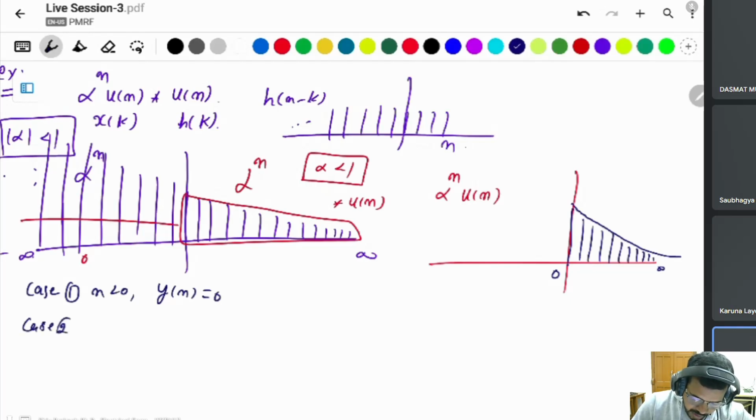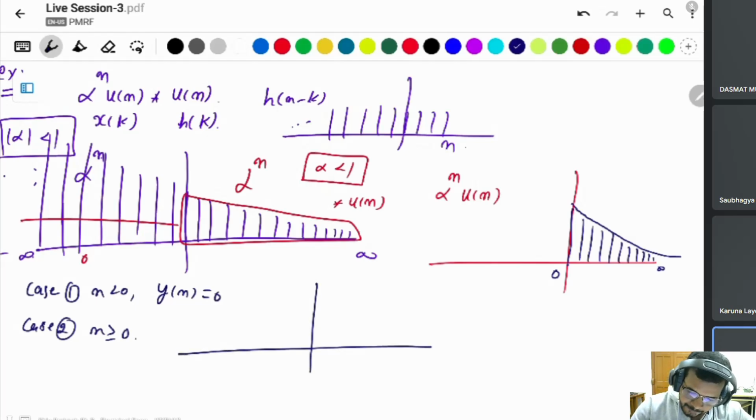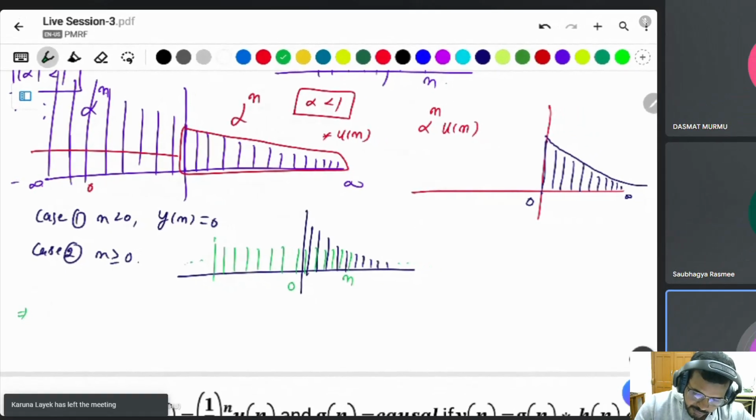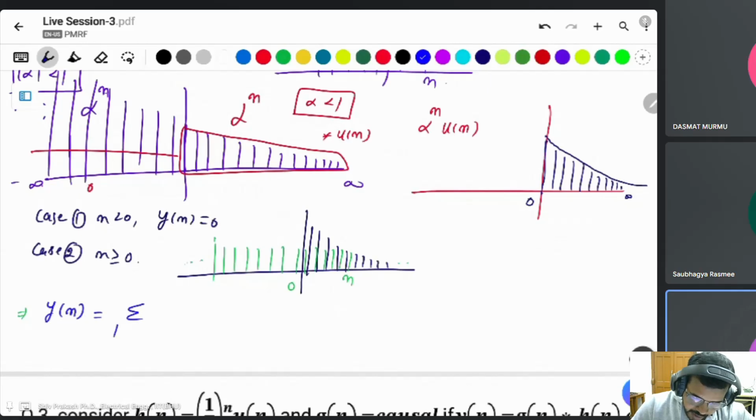Case 2: when n is greater than or equal to 0, there is an overlap. This signal looks like that, xk, and hk is simply a magnitude of 1, from 0 to n, which is the overlap. yn is equal to summation of k is equal to 0 to n, 1 into alpha power k.